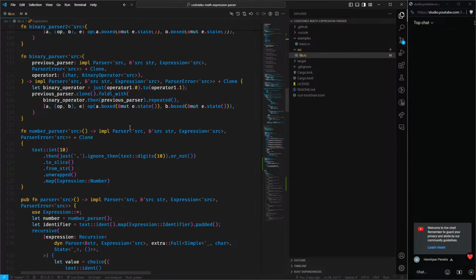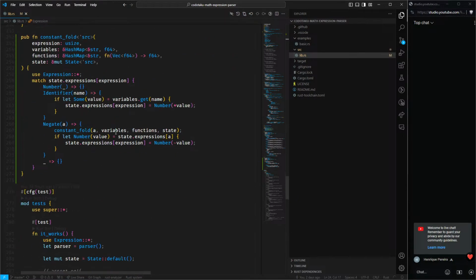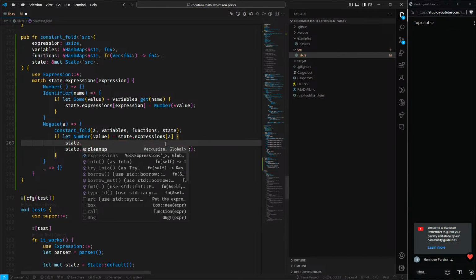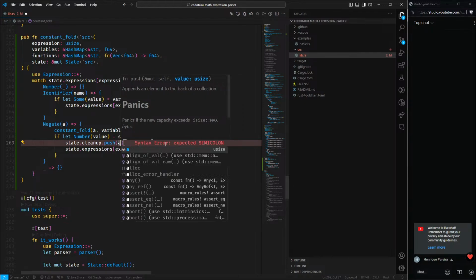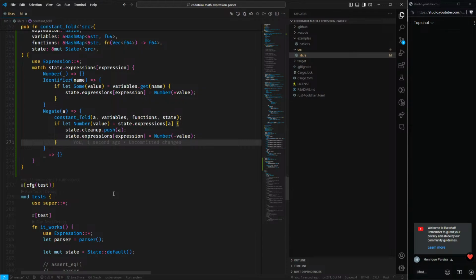So now, before we do that, where is it? Where's the constant? There you go. Okay, so before we do this, we can say state dot cleanup dot push, and then we can push in the index, and in our case the index is A, right, because it was negate A. So that's not needed anymore.